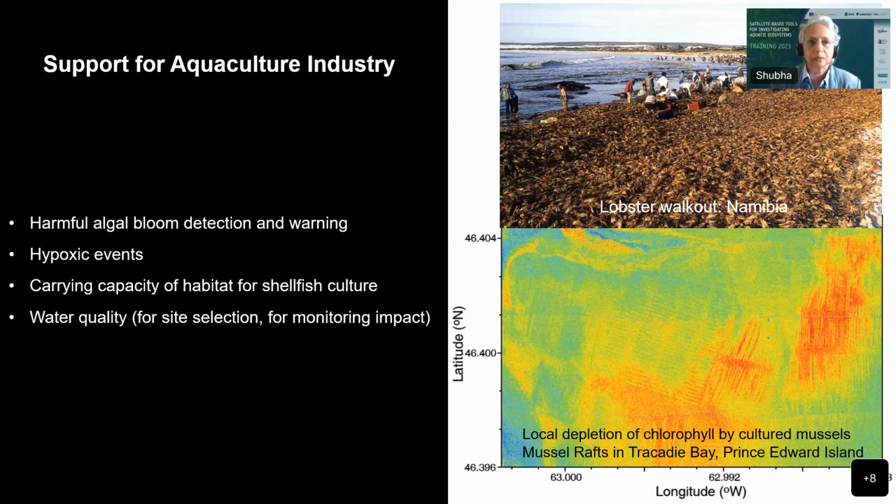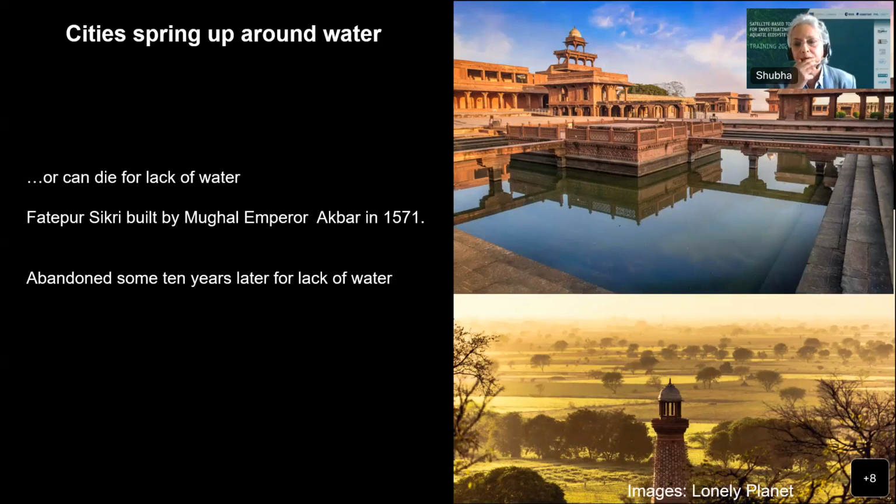Now, if we come closer to freshwater, the need for water is even more obvious to see. If you look through history, you will see that typically civilizations and cities have sprung up around sources of water.